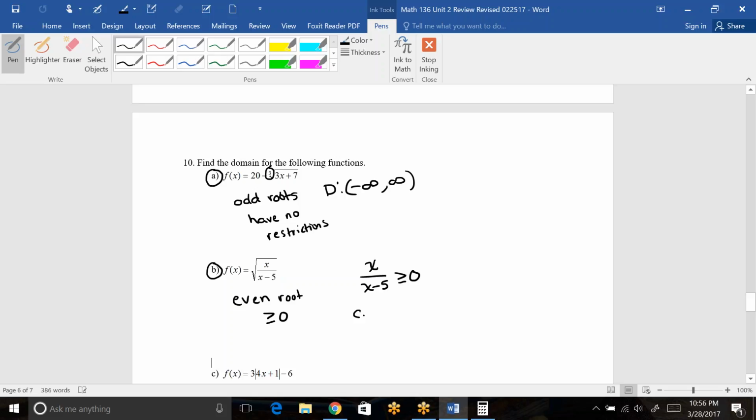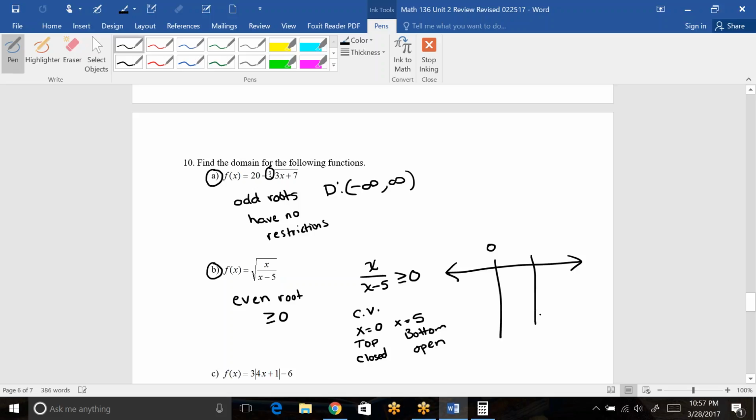So my critical values are 0 and positive 5. 0 came from the top because that's what would make the top 0. Positive 5 comes from the bottom. This one would be closed because the equal to follows with the top part. This is always open. So we have to do a chart. Anytime you have a fraction with x's on top and bottom and an inequality, you have to do the chart method.